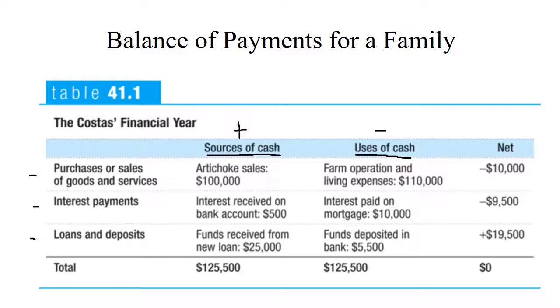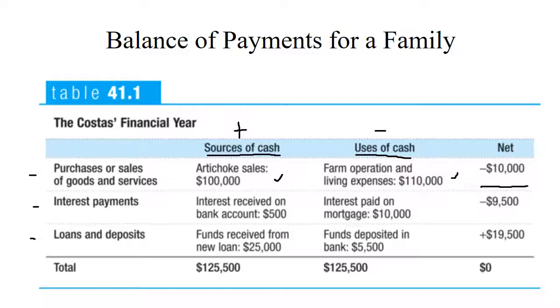They're artichoke farmers. They earned $100,000 in artichoke sales this year, but it cost them $110,000 to operate their farm and for the living expenses of the family. So for goods and services, we look at the sources of cash, the $100,000, and subtract the uses of cash, $110,000. For the category of goods and services, they had a negative $10,000. Net is kind of a subtotal for that category.